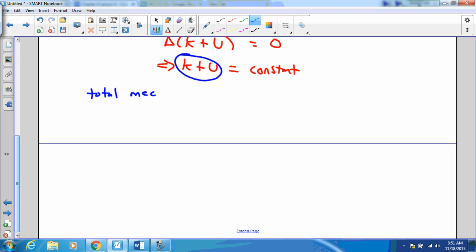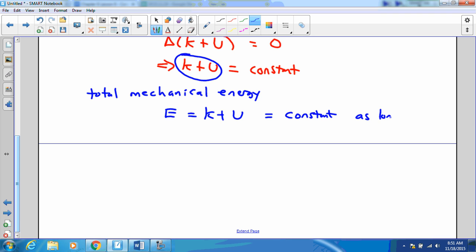So we're going to define a new quantity called the total mechanical energy. E is equal to K plus U, and the total mechanical energy of the system is going to be a constant as long as all forces are conservative.